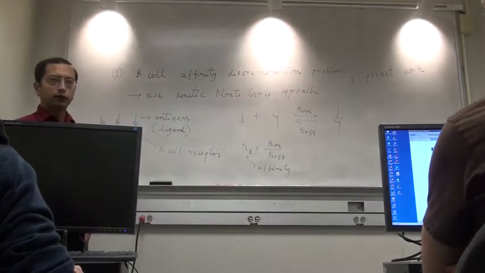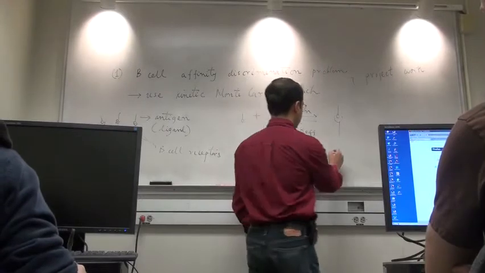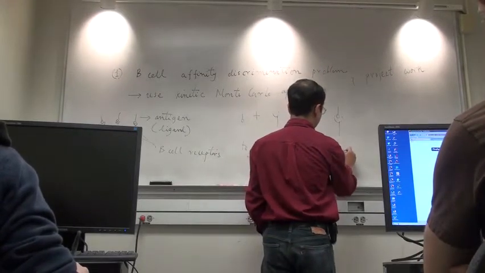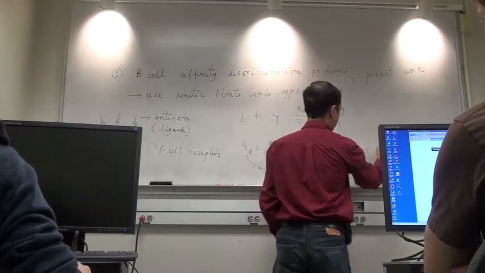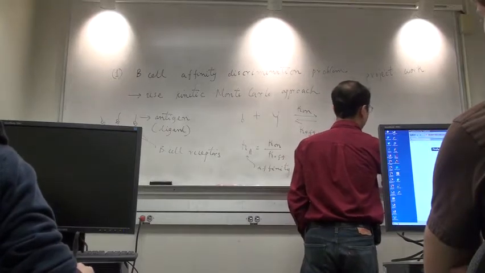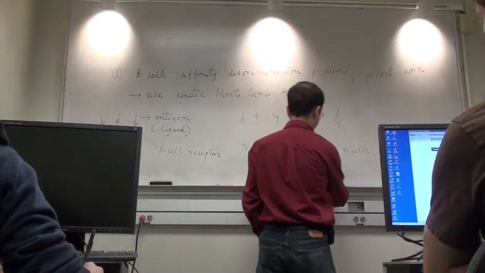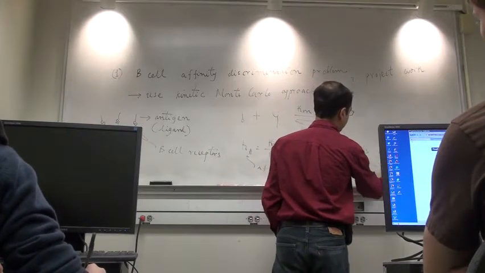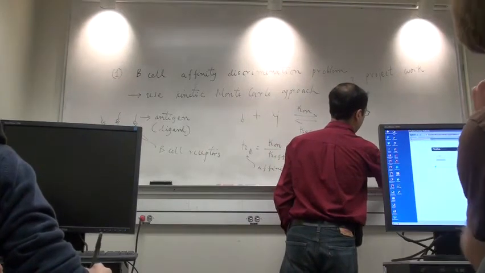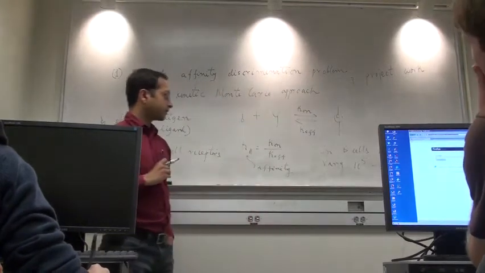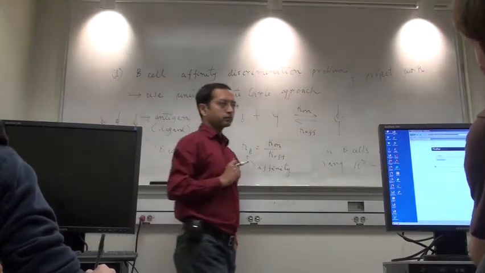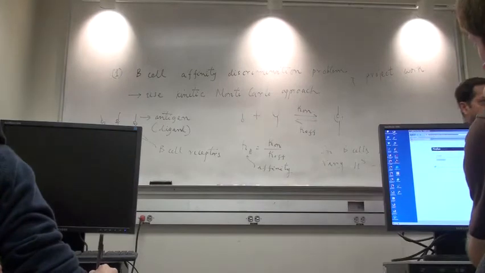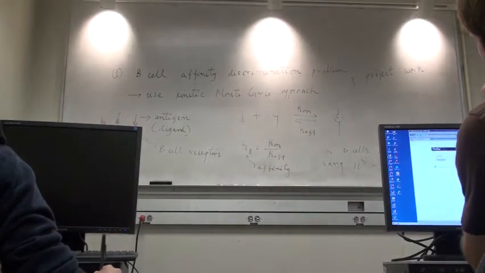That can vary over a wide range in B cells. That means it changes over 5 orders of magnitude, which is a huge range.